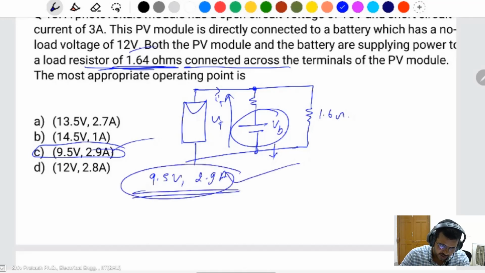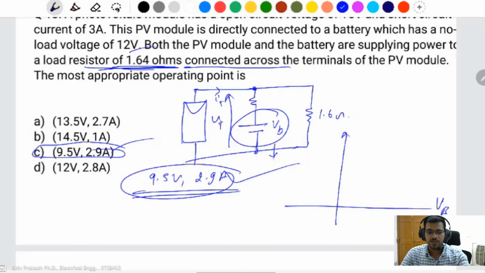Then this option is correct, because when you discharge the battery, due to the internal resistance, the terminal voltage will be lesser than at no load.